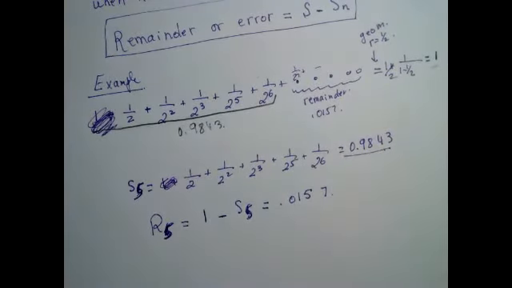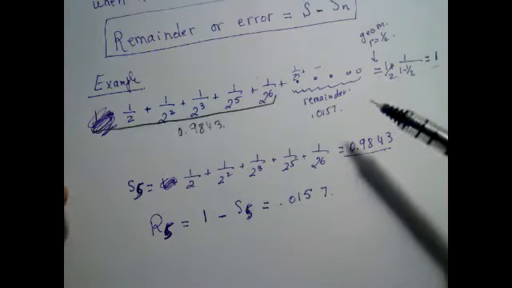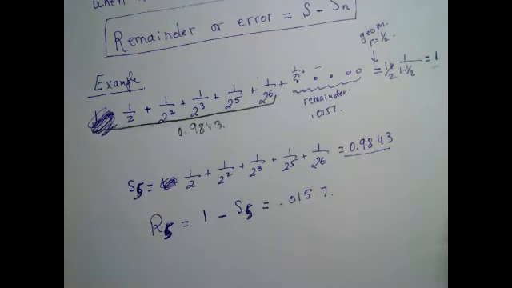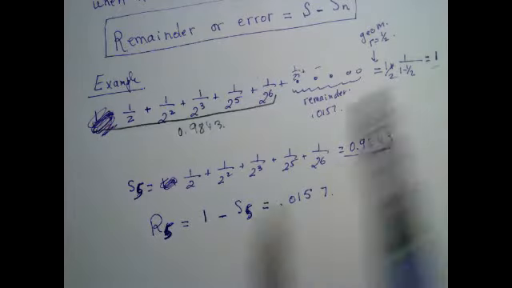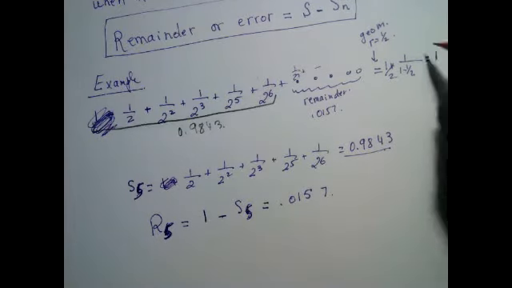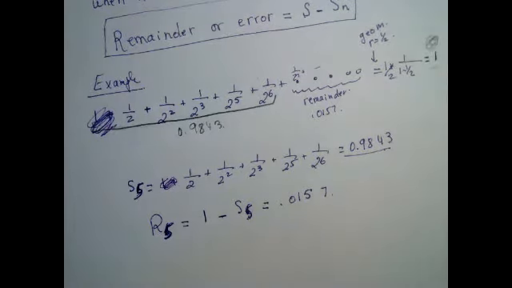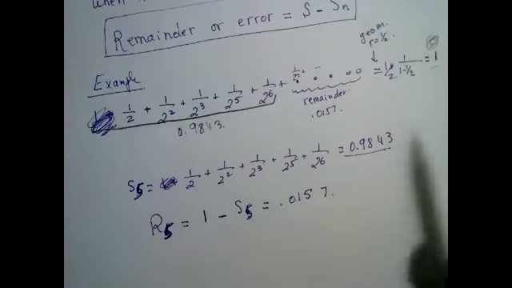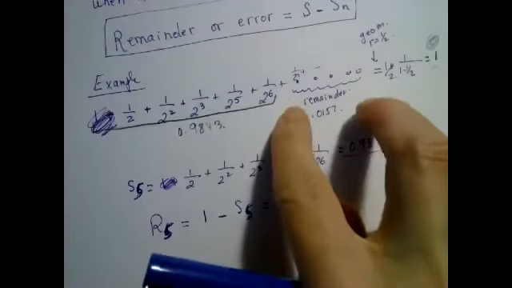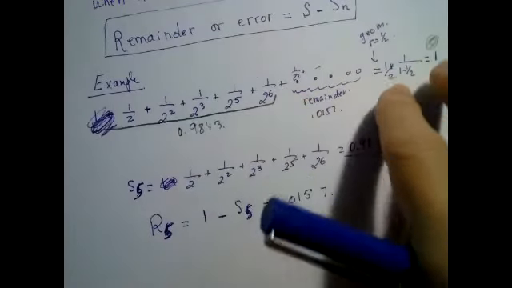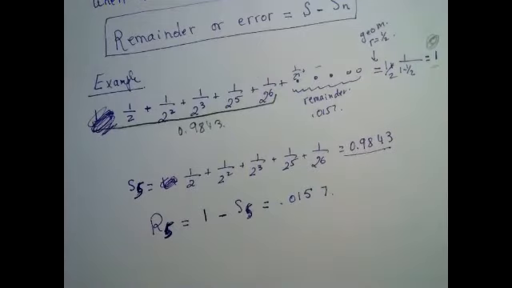Okay. So in this example, I took something that we know everything about. Now, most of the time, we actually don't know the actual sum. And the question is, if I don't know the actual sum, how can I estimate the remainder? Can I still have an idea what the sum is equal to?